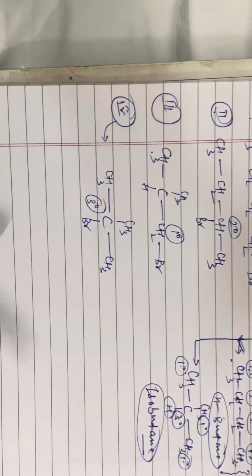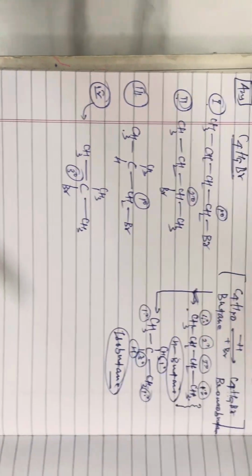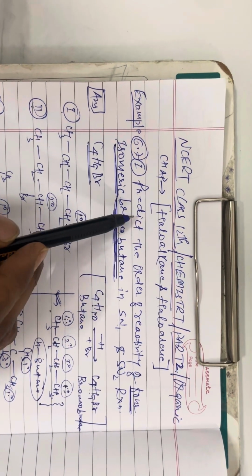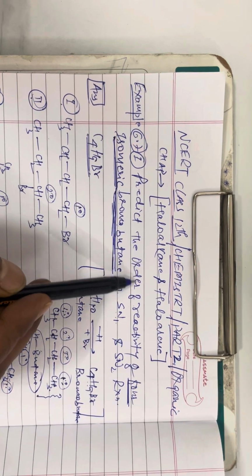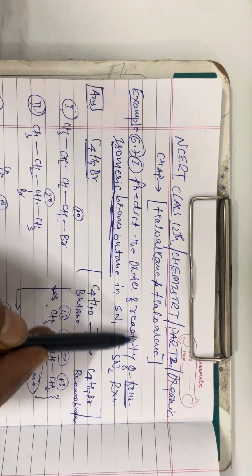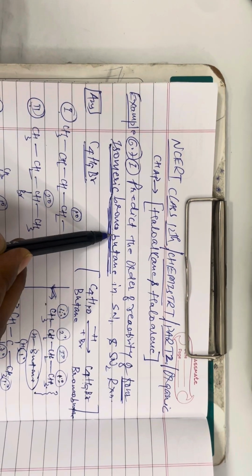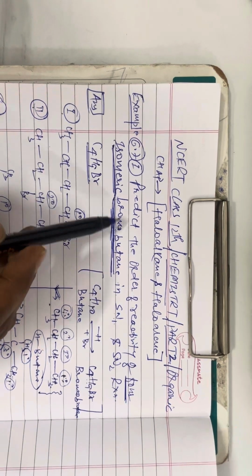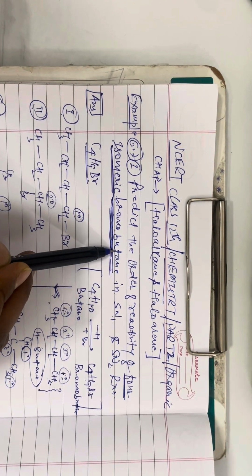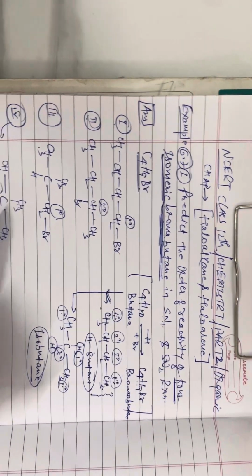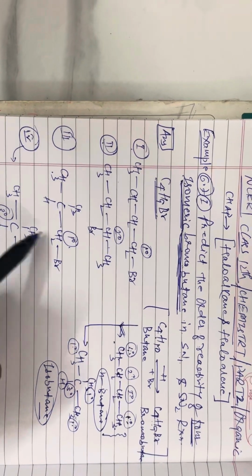Now we have to find out again. The question is to predict the order of reactivity, meaning the rate of reactions, of the 4 isomeric bromobutanes. The challenge was to draw the 4 isomeric bromobutanes. That was the first challenge. I have drawn all 4 isomeric bromobutanes here.